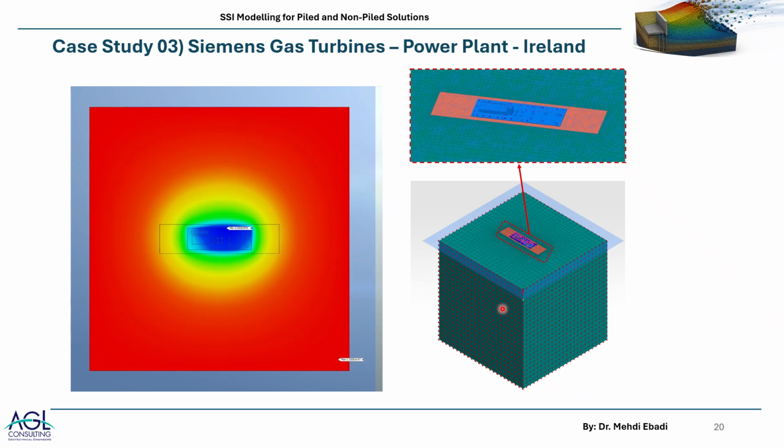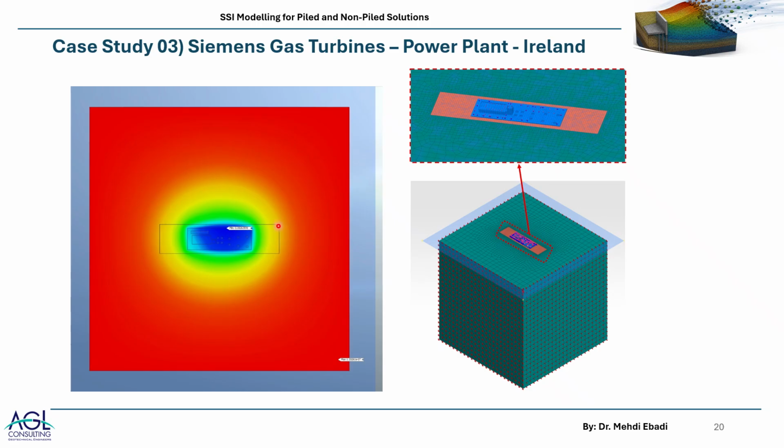And the last one was a dynamic analysis to make sure that resonance and associated settlements or deformations would not occur under the applied loads, based on the properties of the foundation and the soil and the interaction between these two. So this is the model in general that we did based on the exact design.